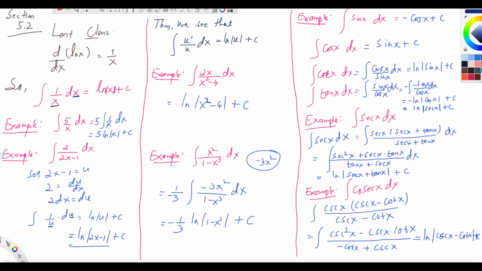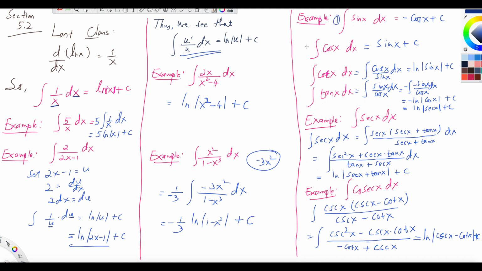You can write this forward, this backward, it's the same thing. I was just moving them this way to show you that this one has that derivative, this one has that derivative, and then the whole thing in the denominator has its derivative in the numerator. That's why you can use that technique, meaning the natural log of the denominator function with the absolute value and then plus c. Now you see that we found the integral of all the functions.